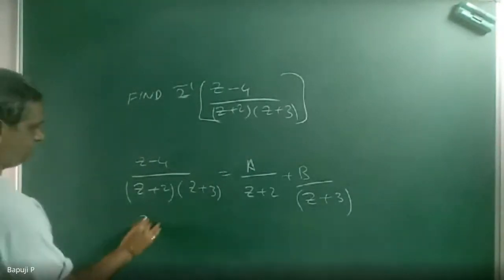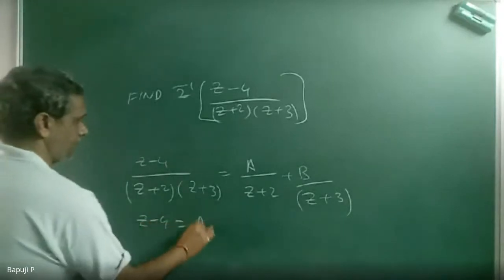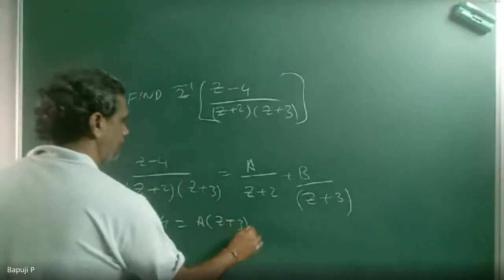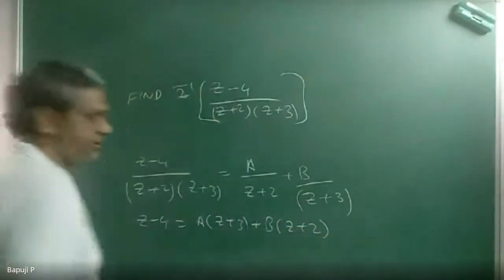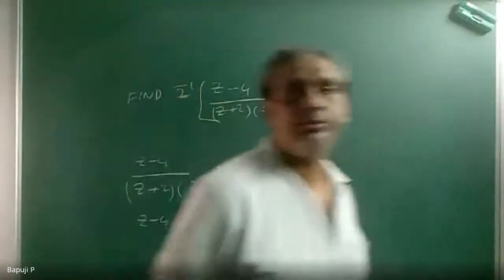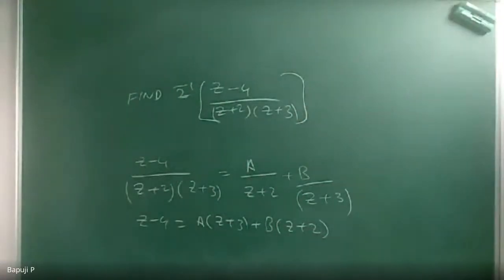I'll skip these steps. Put Z equal to minus 3, put Z equal to minus 2, and you automatically get it. So this I am not doing, I will write directly.